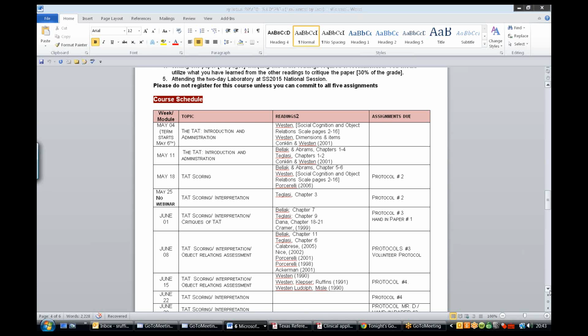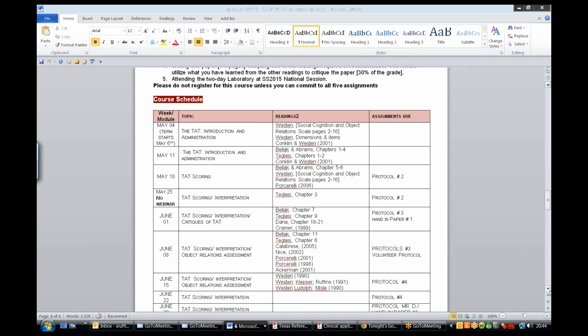You'll be reading chapters related to the introduction of the TAT. And then you'll be reading Conklin and Westen again. The Conklin and Westen paper from 2001 and the Social Cognition and Object Relations Scale measure are the two most important things that you will be using in terms of our scoring.